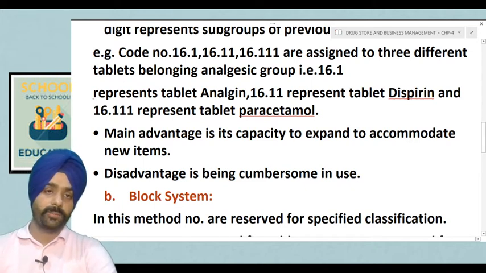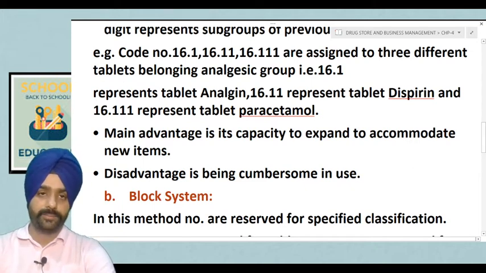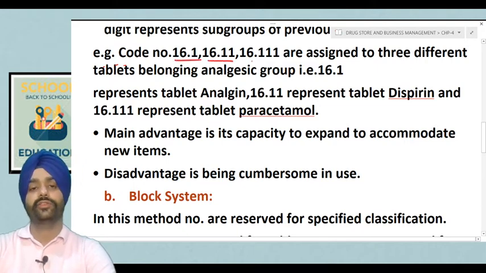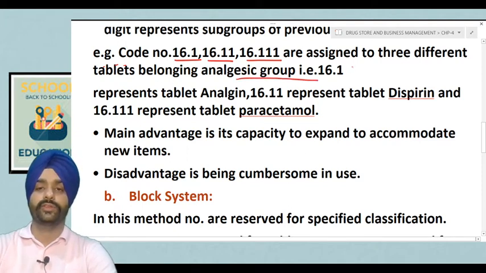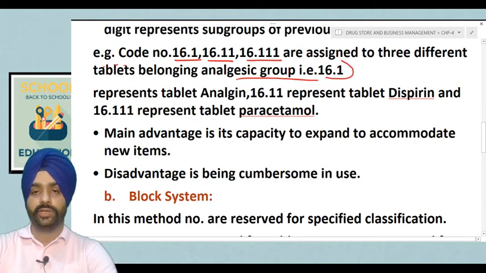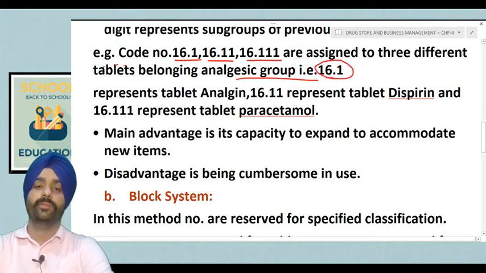We can see the code number 16.1 here, and then 16.11, then 16.111, which are assigned to 3 different tablets belonging to the analgesic group of 16.1. So, 16.1 is an analgesic group and these are 3 tablets.